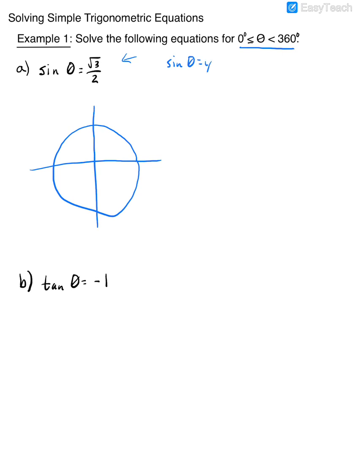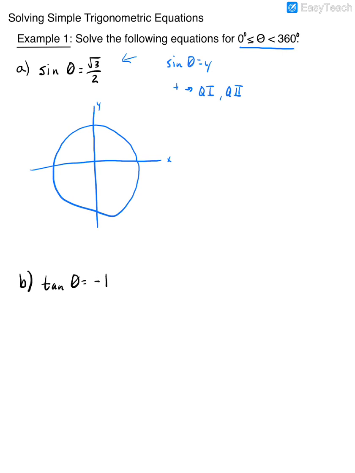And on the unit circle, sine is positive in the first and the second quadrants, because y is positive in those quadrants, right? Because it's above the x-axis. So I might have two answers on this one, because there's two places where I could get square root of 3 over 2.